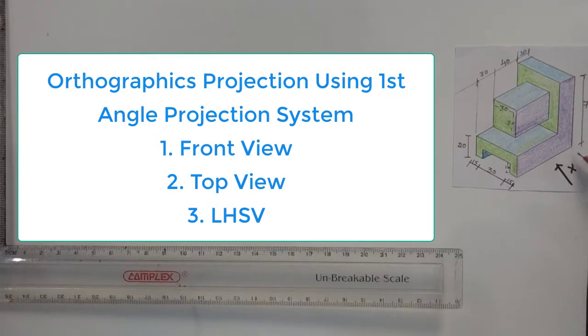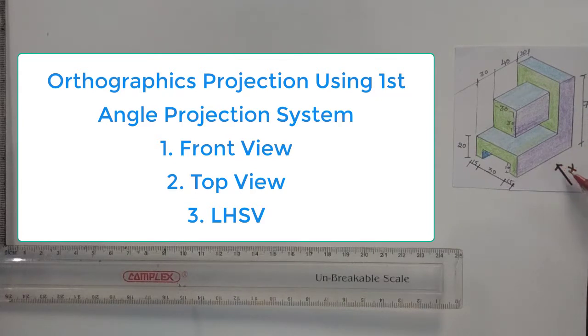So first we find the total length of the objects. Here it is given 20 plus 40 plus 30, so the total length of the objects is 90 mm and the height of the objects is given as 70 mm.